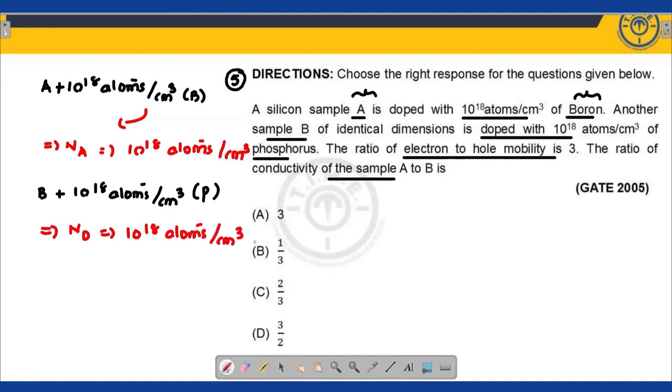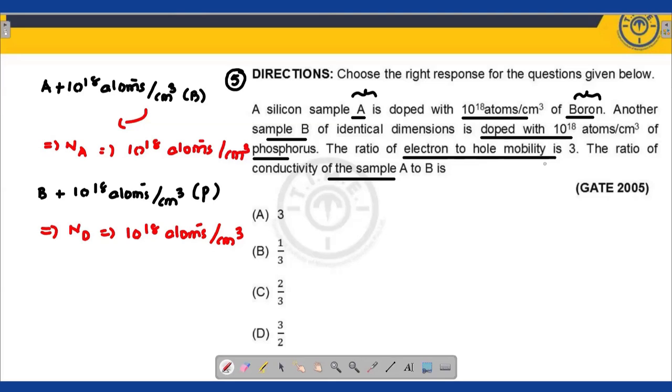Already we have derived the various formulas. And very importantly, he has given one more clue: the ratio of electron to hole mobility is 3.